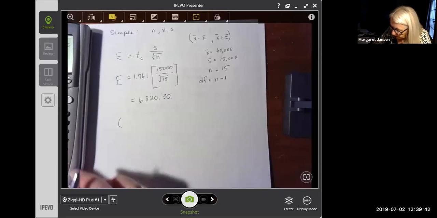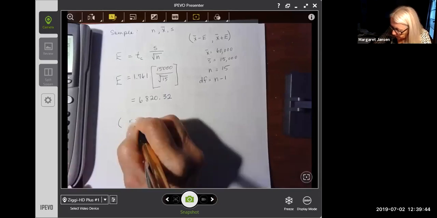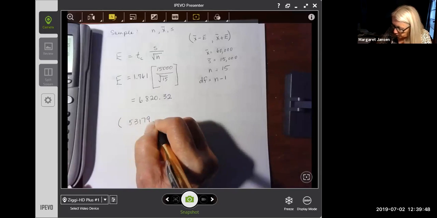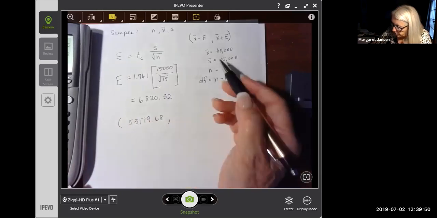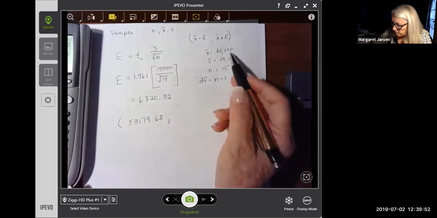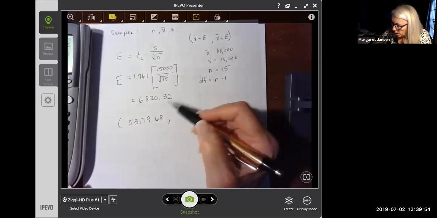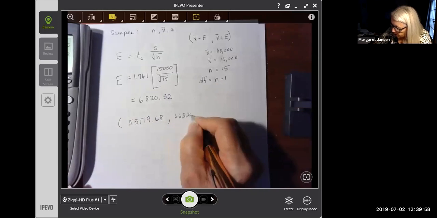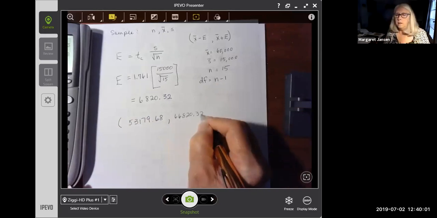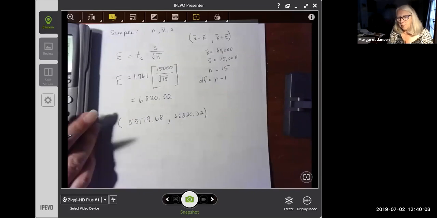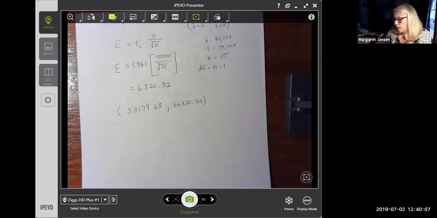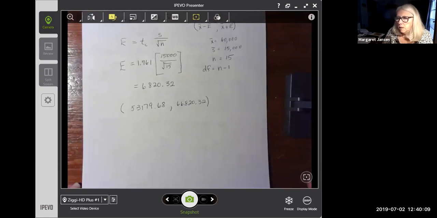So that is 53,179.68 up to the margin of error plus X bar, which is 66,820.32.